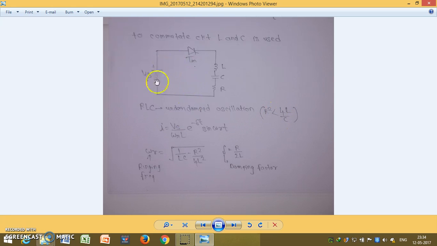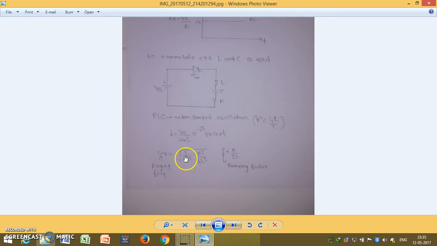By this circuit, we will again do our mathematical calculation, Laplace and inverse Laplace transform. We will get this equation. In this there is omega r, because this is an underdamped circuit, so we are taking omega r. This is the ringing frequency. The ringing frequency formula is the square root of 1 by LC minus R square by 4L square, and delta is the damping factor R by 2L.